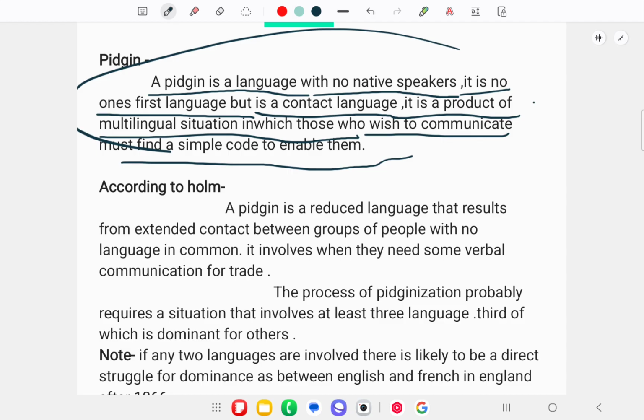The process of pidginization probably requires a situation that involves at least three languages, the third of which is dominant over the others. It means that two parties each have their own language, and the third language dominates both parties. The third language is known to be the special language, and that is also known as the pidgin. This is the definition of the pidgin according to Hall.